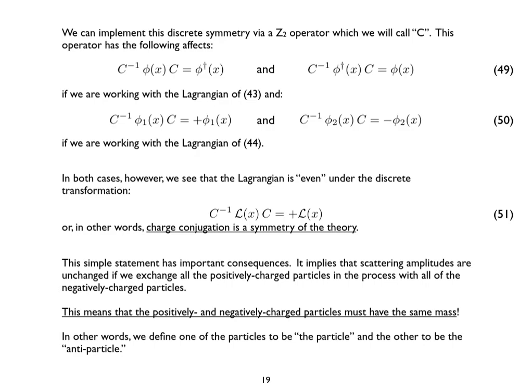Under charge conjugation it flips sign, so you need two of them to cancel each other out. Like I said, it's our first glimpse into particles and antiparticles, because these are particles that are different under this charge symmetry but have the same mass. So we could identify one as the particle and one as the antiparticle.